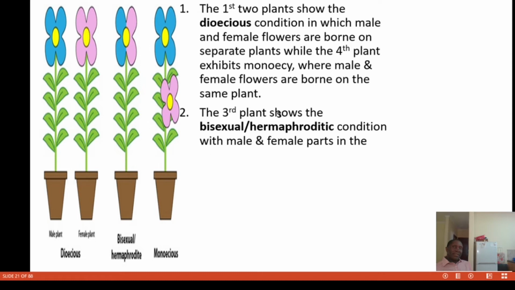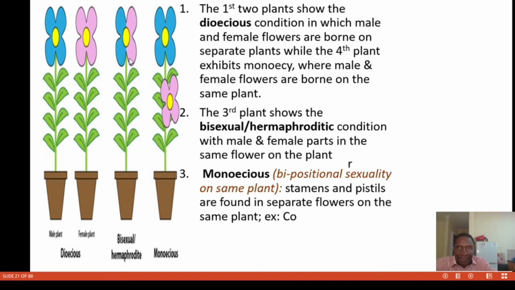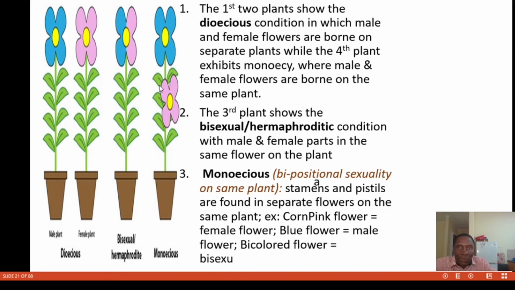The third plant here is bisexual hermaphrodites. Notice that the monoecious one has two reproductive substructures on the same plant, but housed in separate locations along the plant.